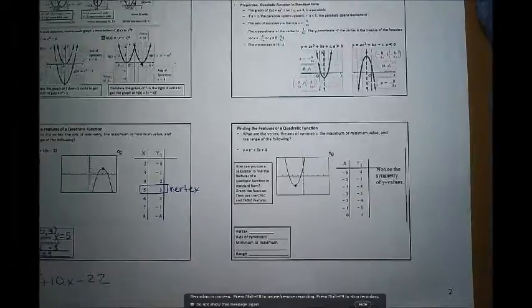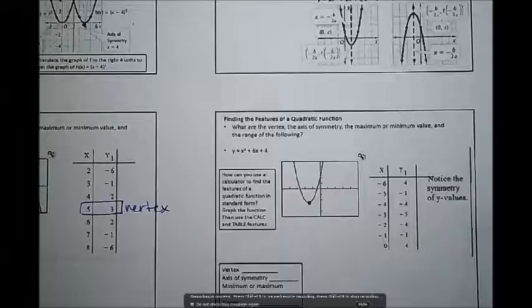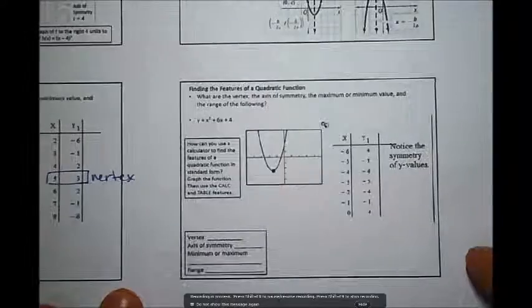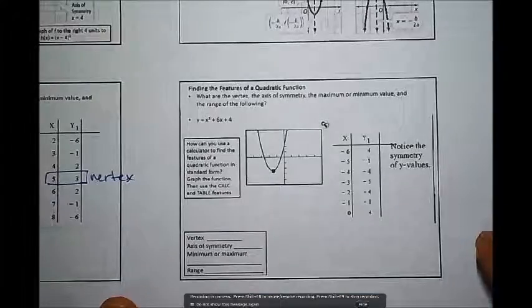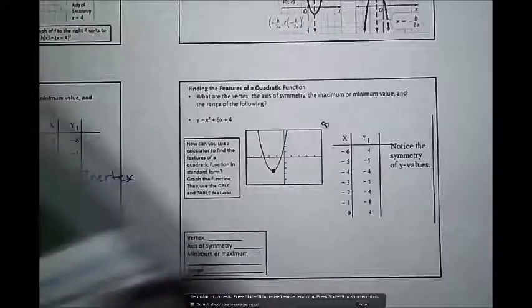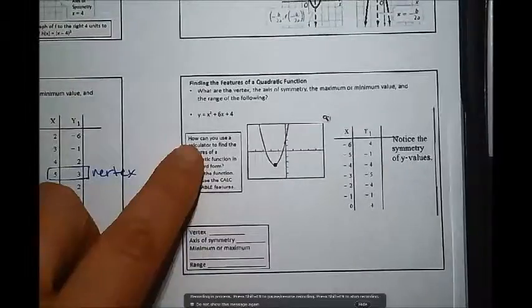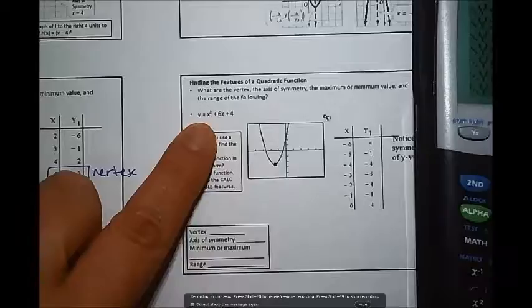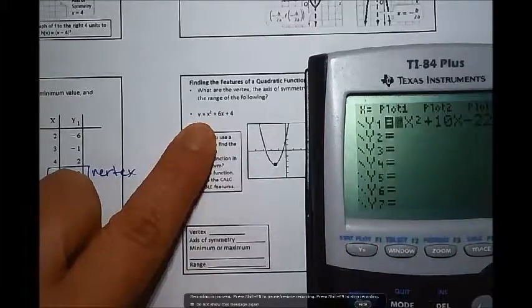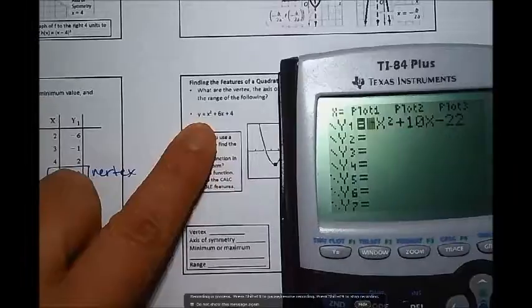Let's get a little closer up so we can see this better, and it's the same thing. So here is our y equals, right there, y equals x squared plus 6x plus 4, which it might say f of x on your homework. That's going to be the same thing because our y's are dependent on our x's.